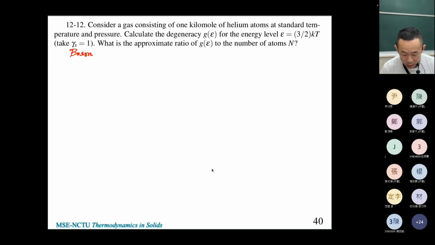So what is the approximate ratio of G epsilon to the number of atoms? Let's continue.